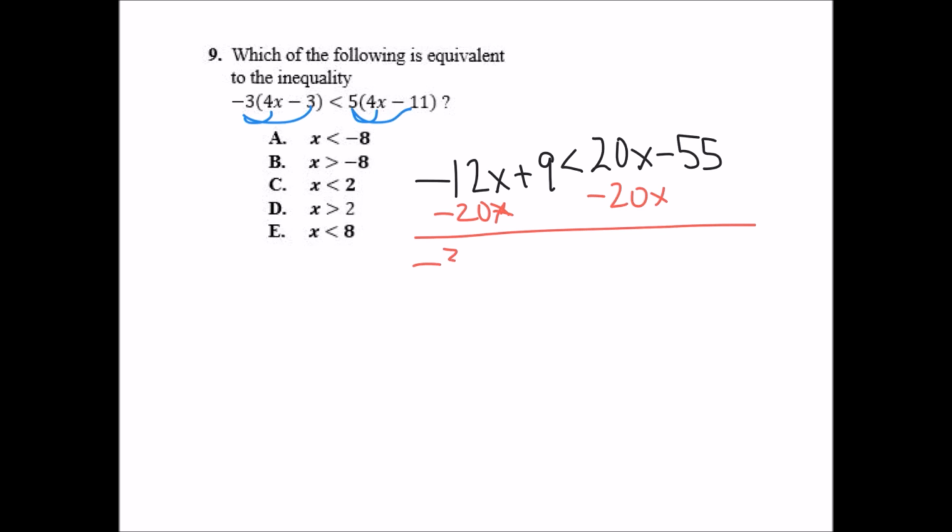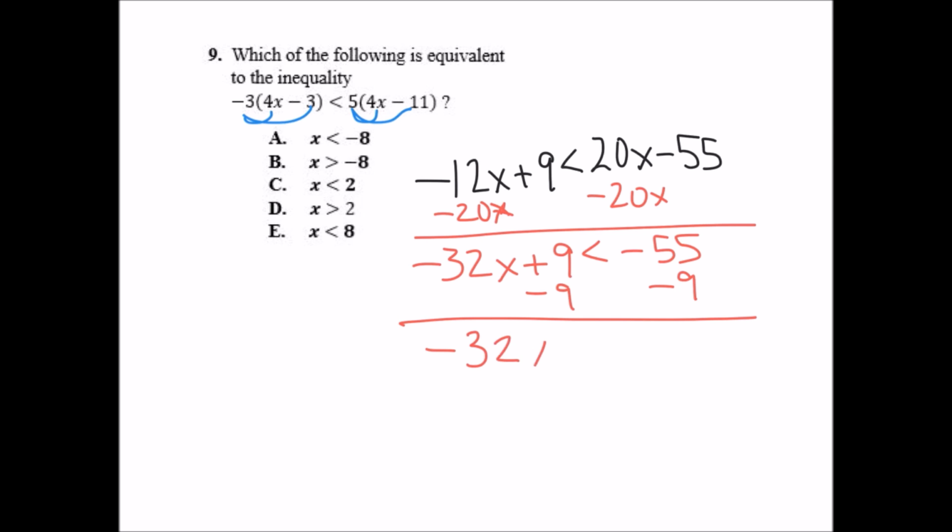Leaving me with negative 32x plus 9 is less than negative 55. I'm going to subtract 9 from both sides. Leaves me with negative 32x is less than negative 64.